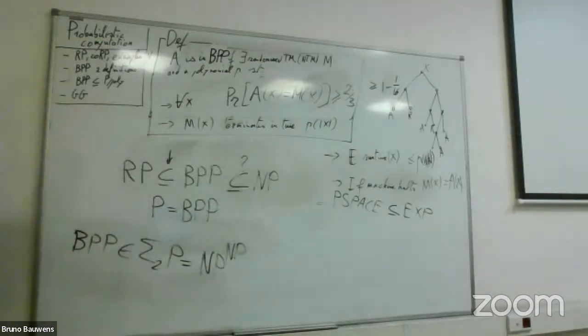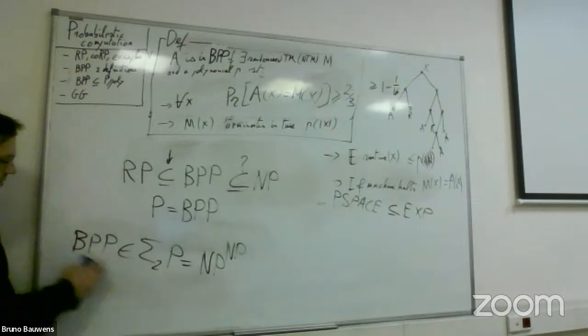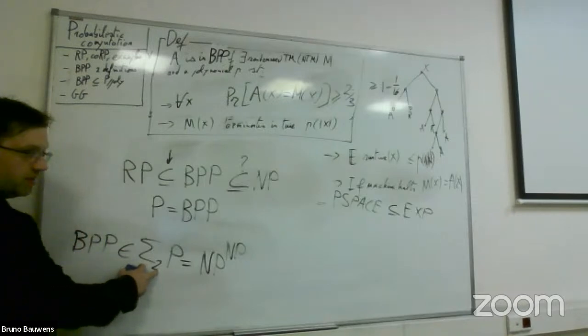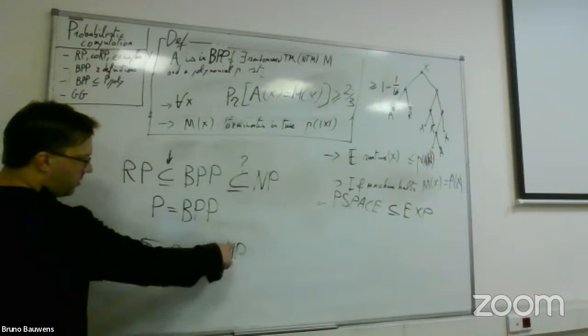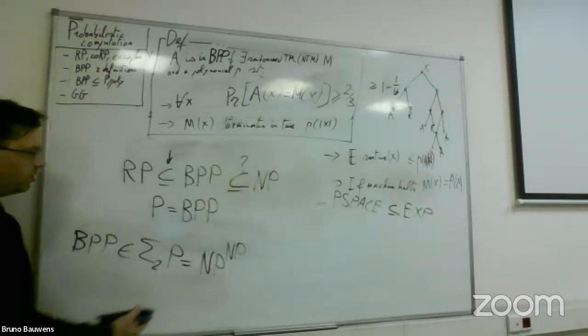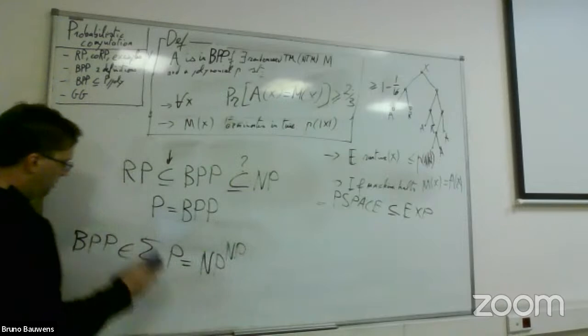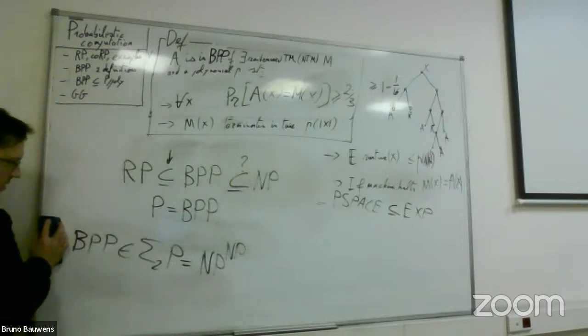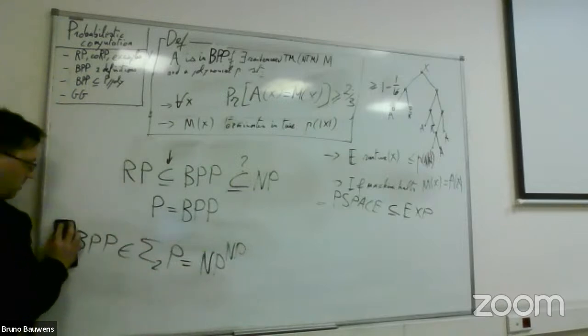And Sigma_3^P will be NP with an oracle from Sigma_2^P. And then there is also Pi_2^P, co-NP with an oracle. You know that with the oracle, the first will be the class and the rest will be just the language. Okay.